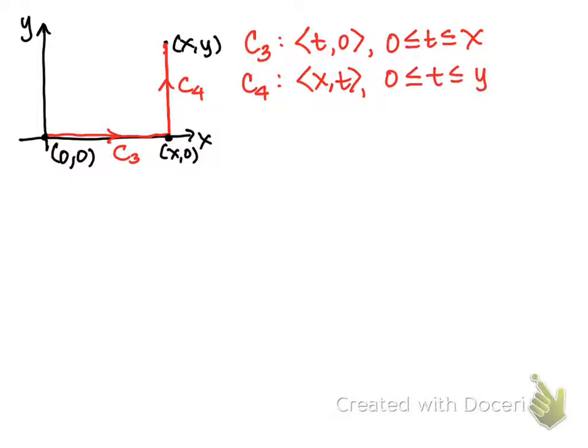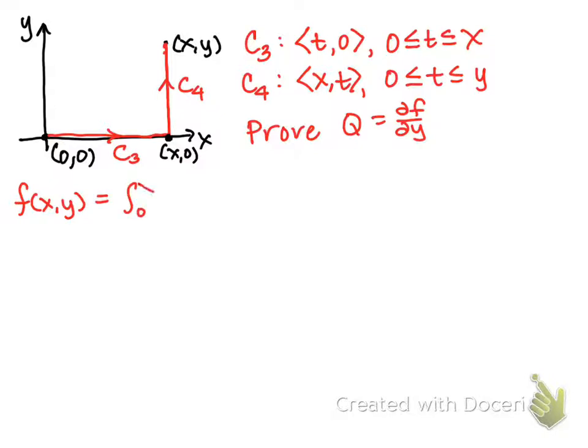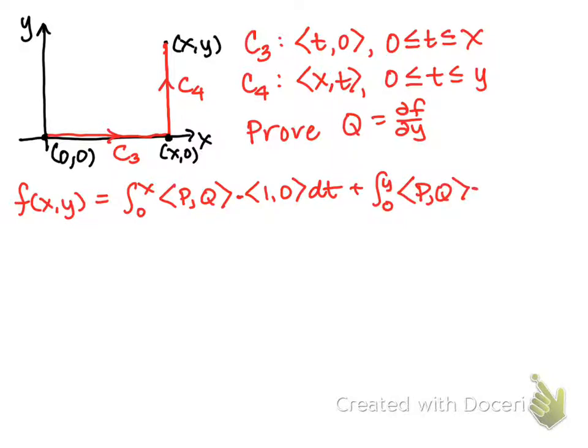And remember, I'm trying to prove that Q equals partial f partial y. So I have f of xy equals, my first integral is from 0 to x, (P, Q) dot (1, 0) dt, plus the second integral is 0 to y, (P, Q) dot (0, 1) dt.